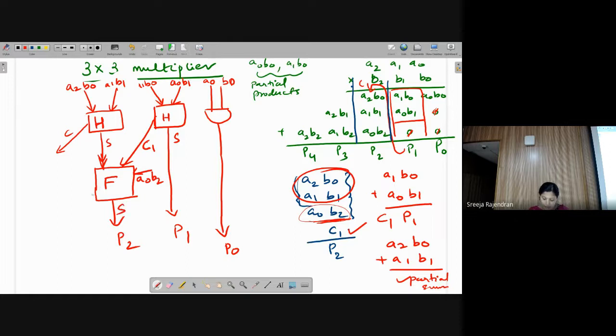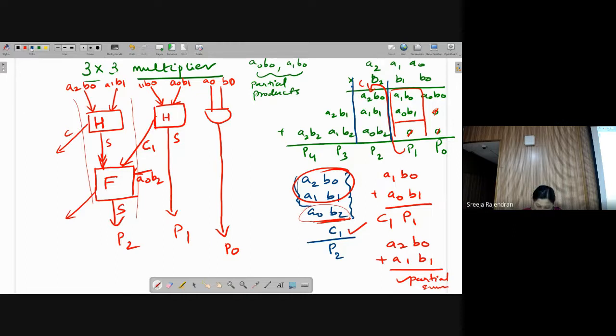Now, when this addition happens, this is the sum. Again, I have a carry. So how many carries can be generated from this stage? When I have two additions happening, each stage can generate a carry. Yes or no? It can generate, it cannot generate, so both possibilities are there. That is why from this particular stage I have two carries coming, which I need to appropriately add in the next stage.